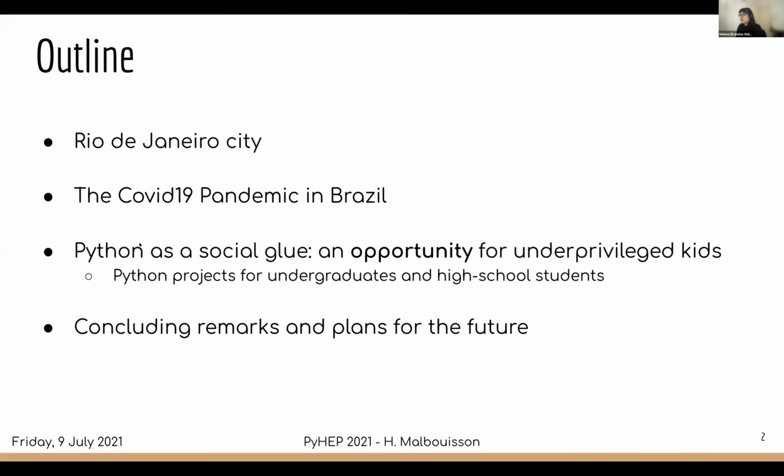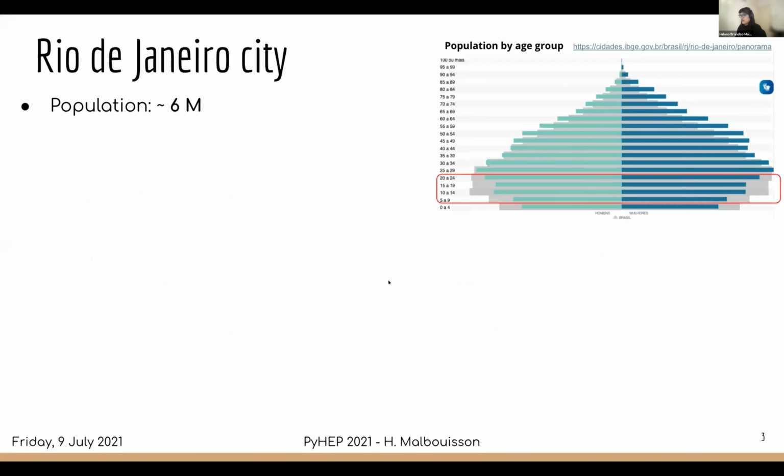And then I will show you a couple of projects that we have for undergraduates and school and high school students, with the focus of having it on the social side, so as an opportunity for the underprivileged kids from school and high school. And then I will conclude.